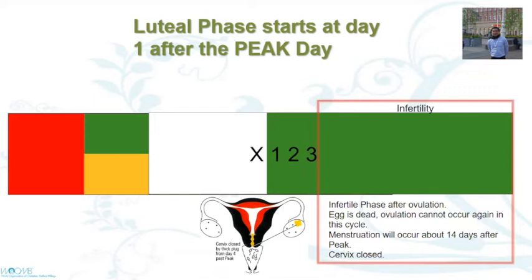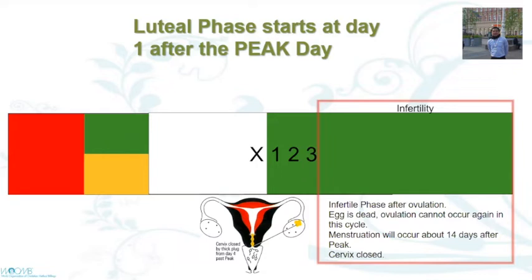No. The luteal phase begins on day 1 after the peak day. But because the cervix is still open, we allow 3 days, the time allotted for the cervix to be completely closed by the mucus plug. So the 4th day is the 4th day of the luteal phase, and that is the beginning of the infertility.